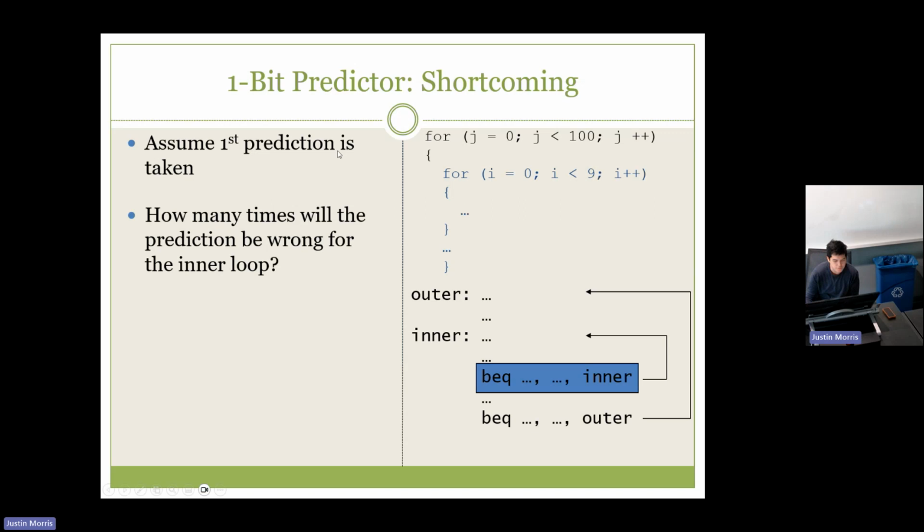And we're assuming the first prediction is that it's going to be taken. It's wrong once, at the end of the loop, right?